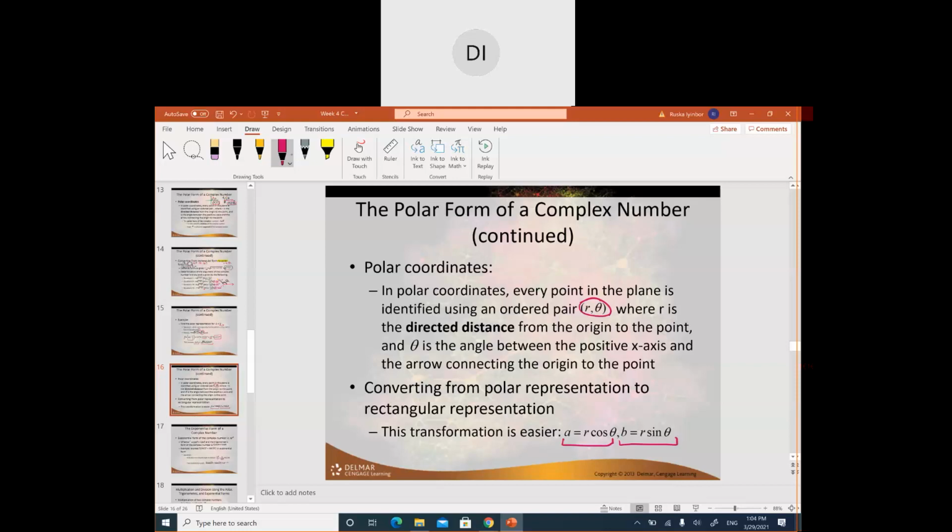Again, cosine and sine are pre-calculus functions, and you're just going to type them in the calculator like on your keyboard, COS. These are the two functions we're going to use. I'm not going to go into detail. We're just going to plug them in exactly the way they are.